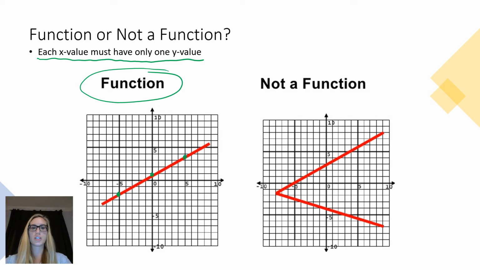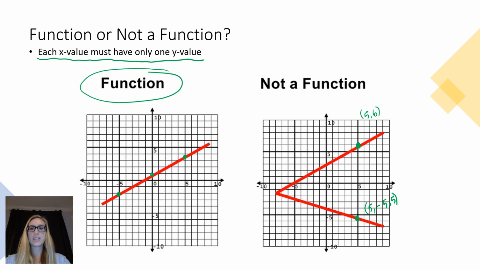It's easier to understand when we look at something that's not a function, a counterexample. So if I look at this point right here at x equals 5, I see that there's a point here that would be 5, 6. But down here, there's also another point when x equals 5. This would be the point 5, negative 5.5.